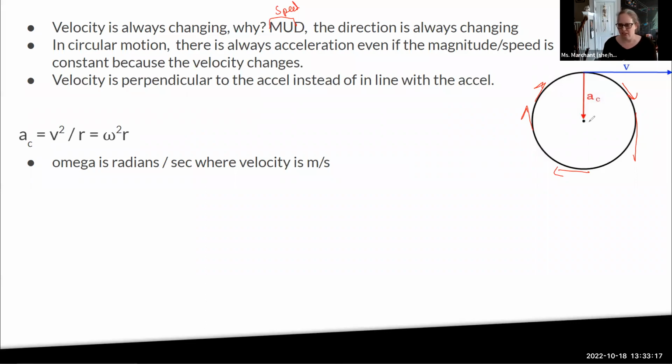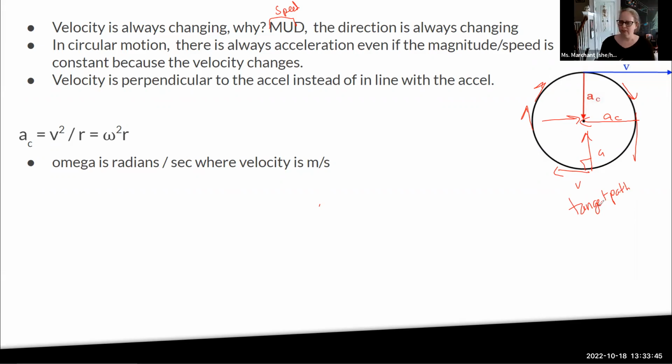If I have changing velocity, what else did we notice? The acceleration is changing. It's still acting towards the center, but it is a different direction each time. So velocity is perpendicular to the acceleration. Velocity is tangent to the path. Velocity is changing.